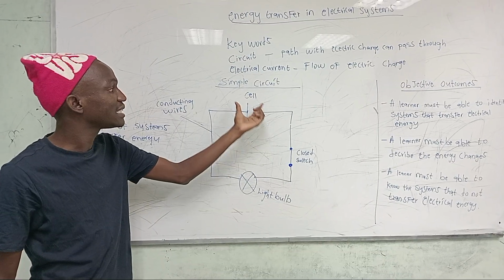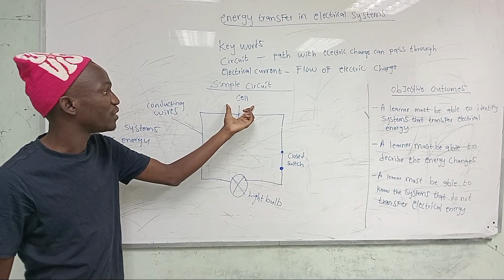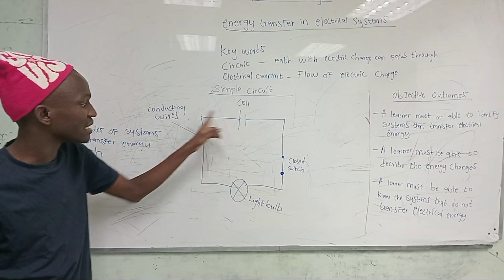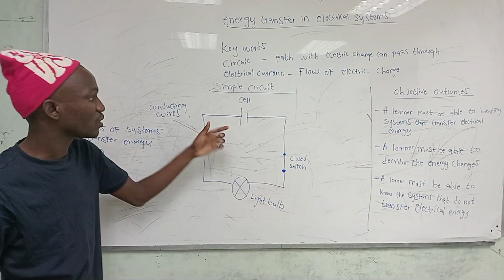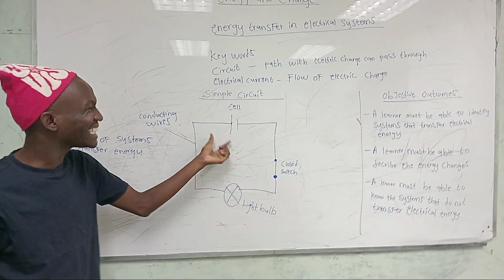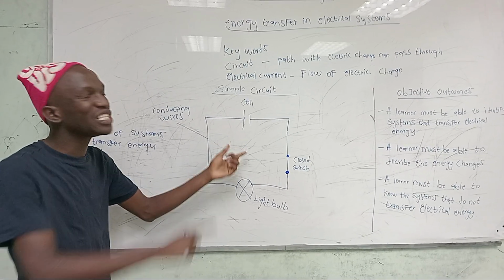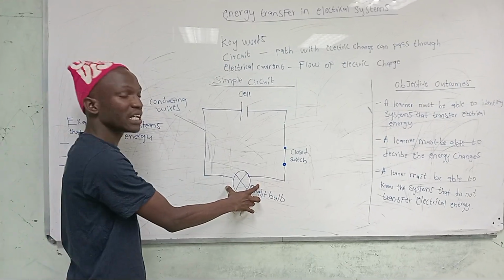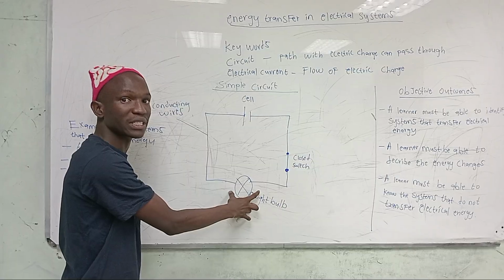And then the electrical energy is carried by the electric charge running through these conducting wires. So electrical energy is being changed to light energy. That's the formation as we have a light displayed on the screen.